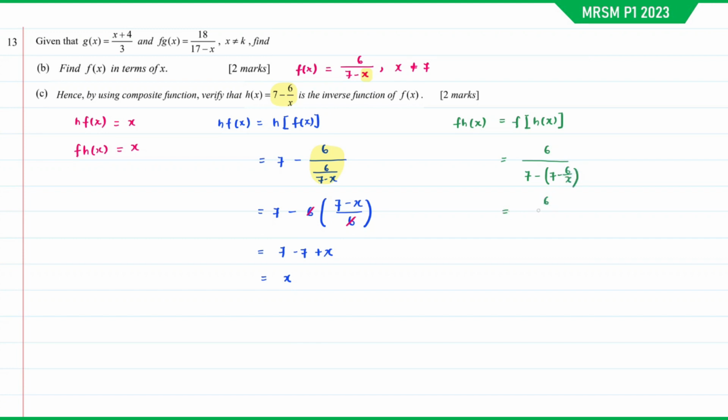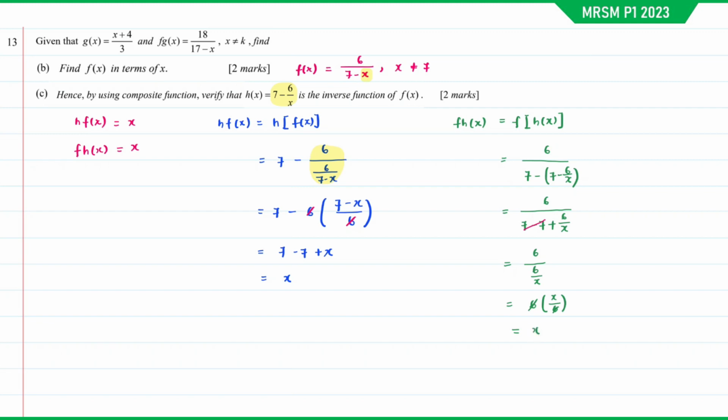So this is equal to 6 over 7 minus 7 plus 6 over x. Here 7 minus 7 is equal to 0. Then this will be 6 over 6 over x. This is equal to 6 times x over 6. So cancel the 6, the answer is equal to x.